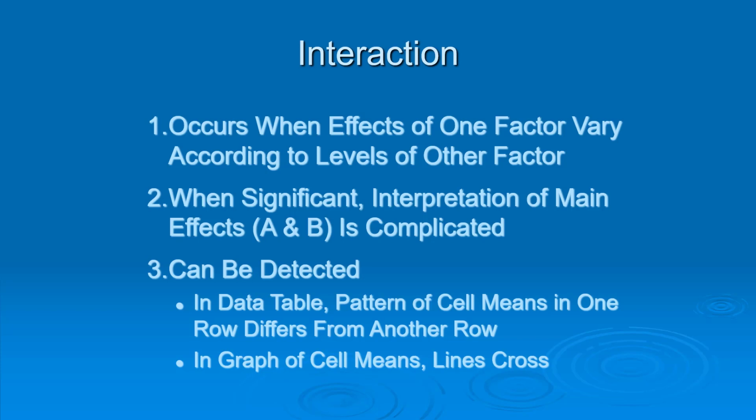Before diving into the output of SPSS or any calculation, we can detect potential significant interaction using a data table and a graph. In a data table, if the pattern of cell means in one row differs from another row, it is a sign of interaction. In a graph of cell means, if lines cross, then it is a sign of interaction.